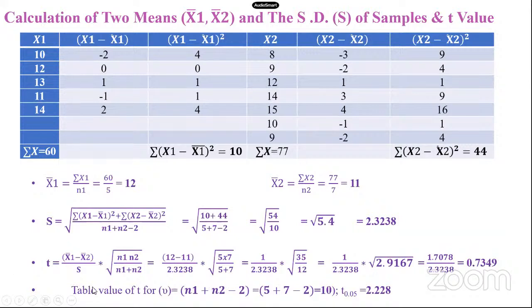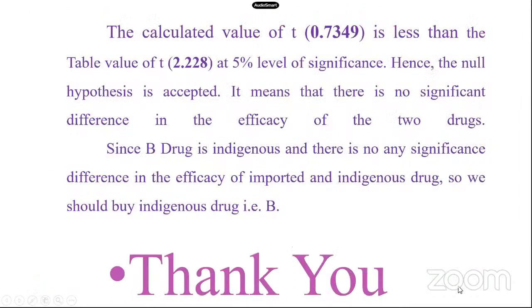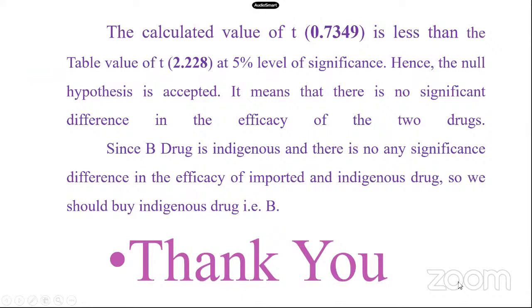Now the table value of t for degrees of freedom n1 plus n2 minus 2, 5 plus 7 minus 2, is equal to 10 at the 0.05 level, which is already given in the problem, is 2.228. Now compare your calculated value of t with the table value and then decide whether the hypothesis is accepted or rejected.